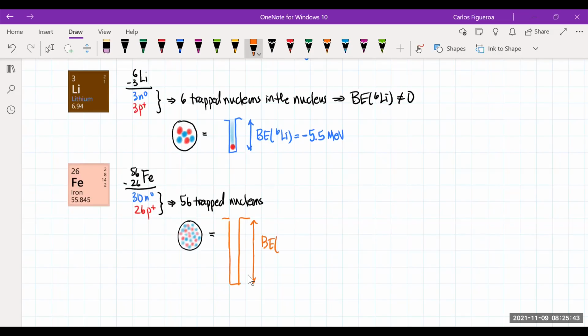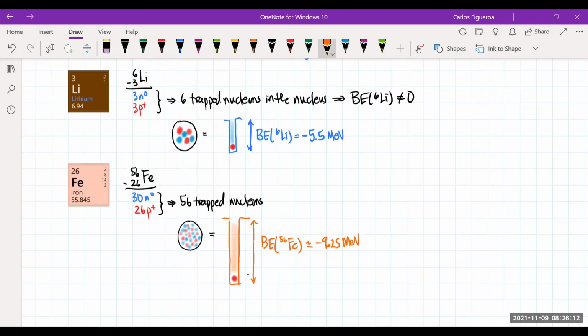In other words, when I look at iron 56, it has a very, very deep well. So if I look at my nucleon that's trapped in this well, you're seeing here that this is more tightly bound. So now we can compare the lithium well to the iron well.